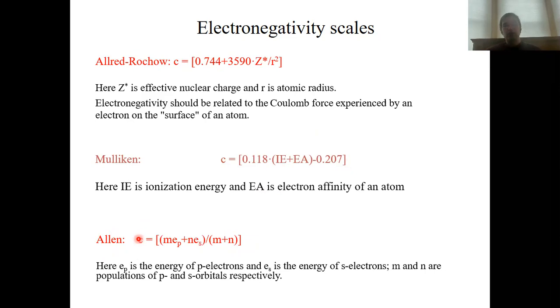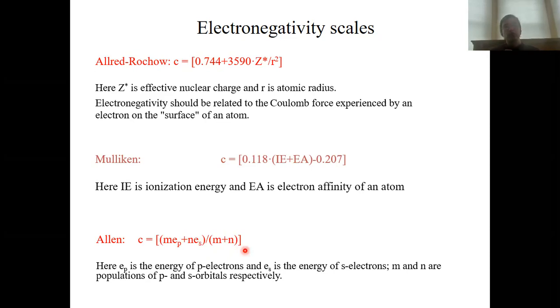The mathematical form is the energy of one p electron times the number of p electrons that exist in that particular atom, plus the energy of an s electron times the number of s electrons, over the number of all the valence electrons.